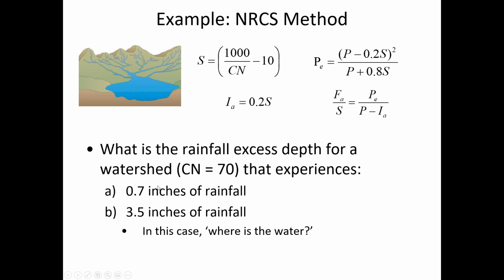But if the precipitation amount is greater than 0.2 times storage, then that is when you do use the NRCS equation to predict what will be the runoff depth. So we want to know how much rainfall excess there will be for a 7/10 of an inch storm and a 3.5 inch storm. Okay, so I'll pause for a second.